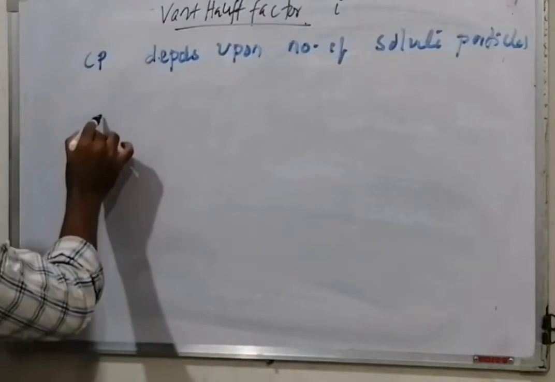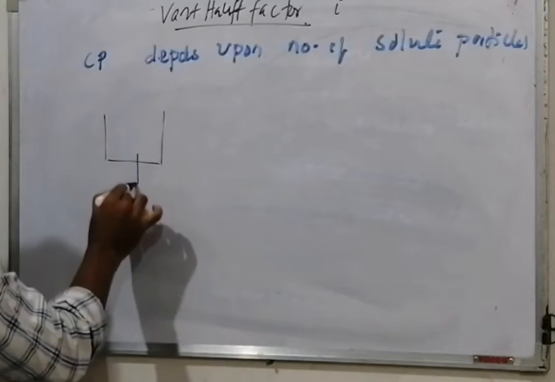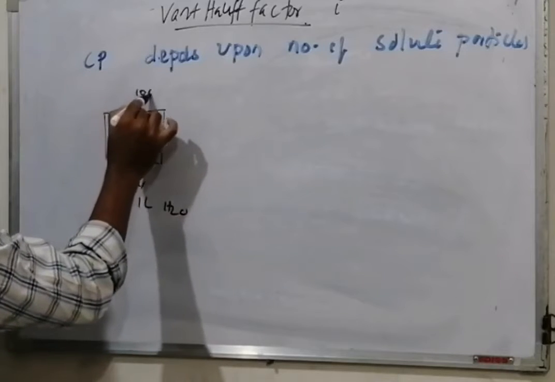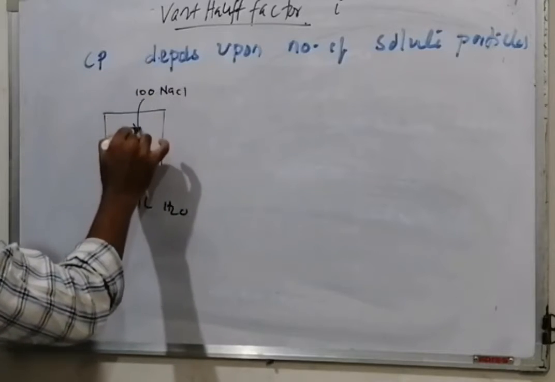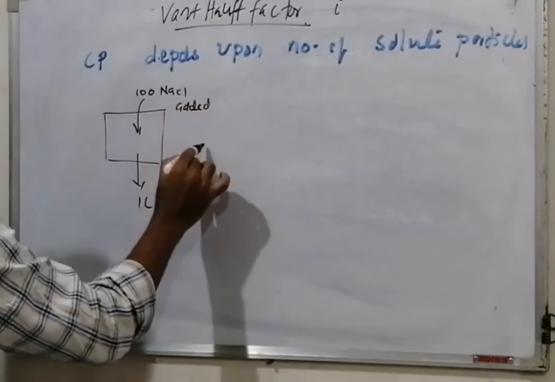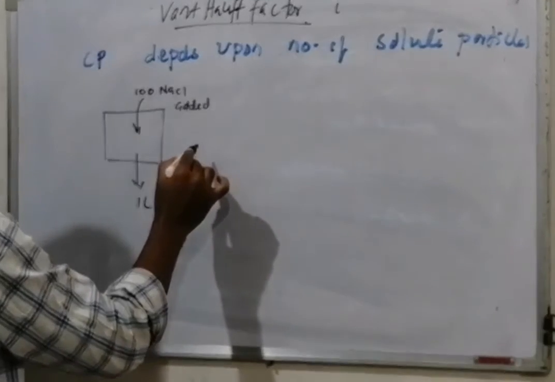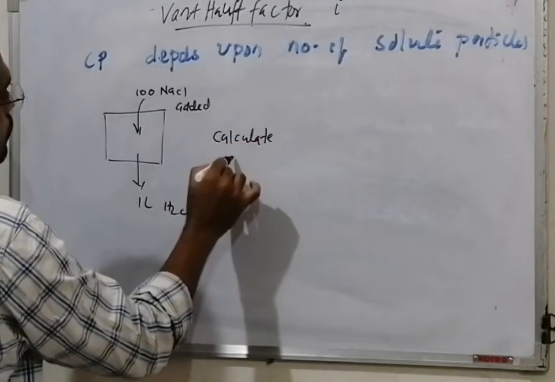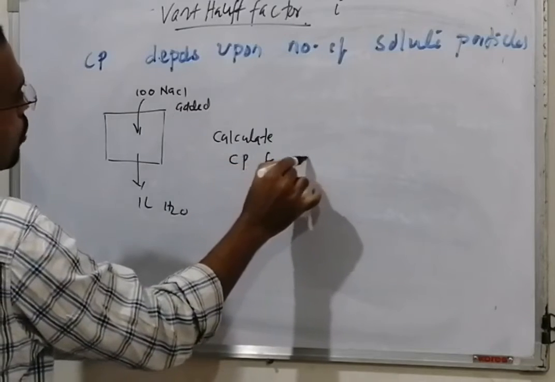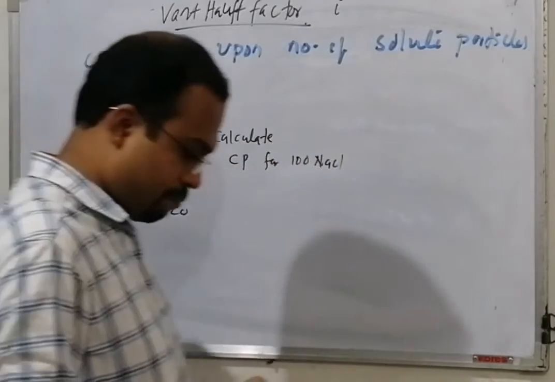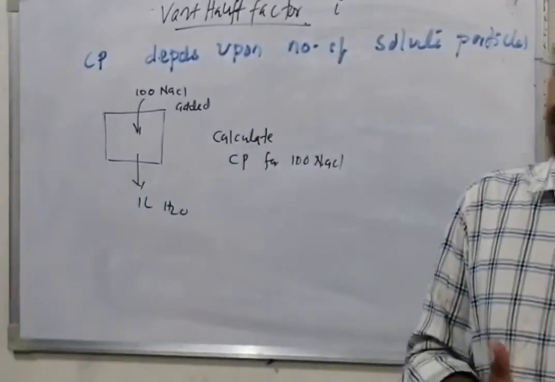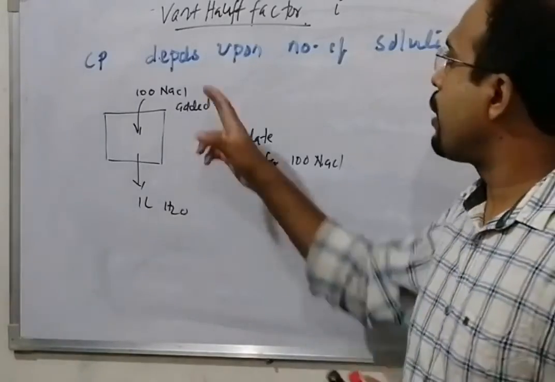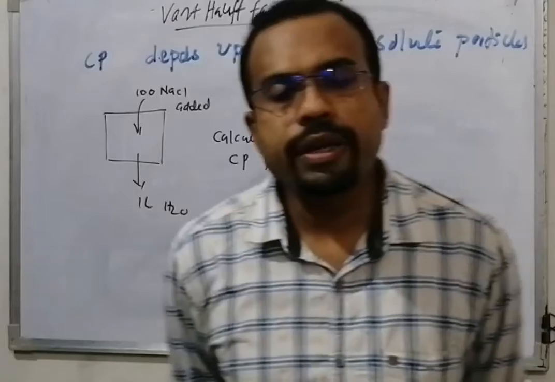Imagine I take 1 liter of water. To that I added 100 sodium chloride. I calculate a colligative property for 100 sodium chloride because I added only 100 sodium chloride. What is colligative property?